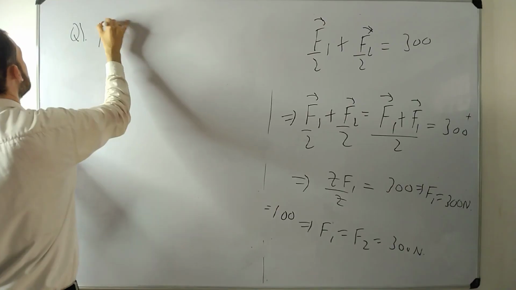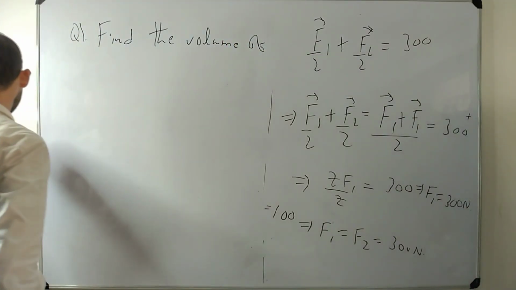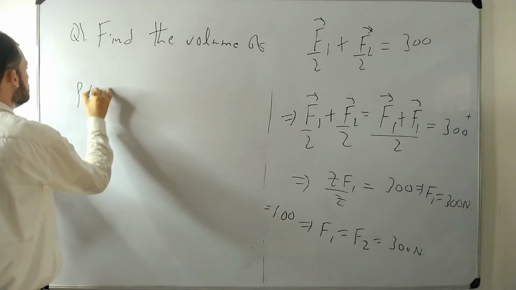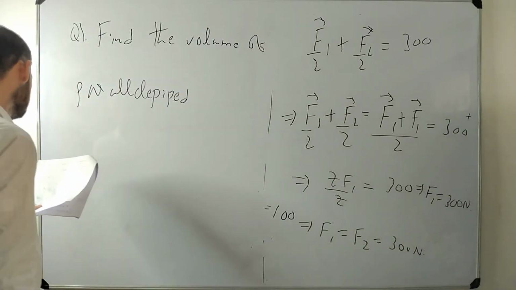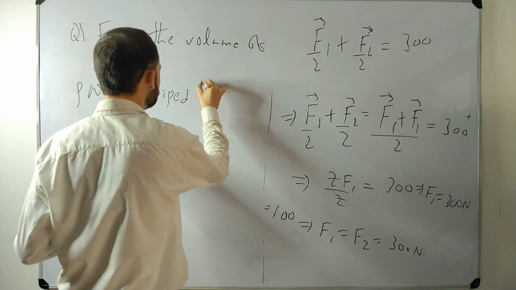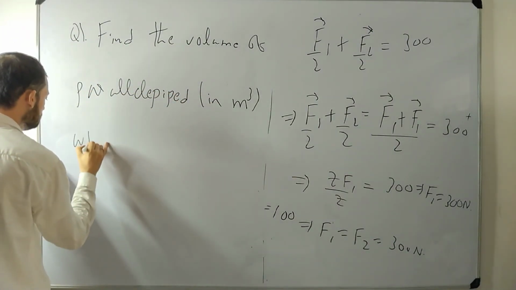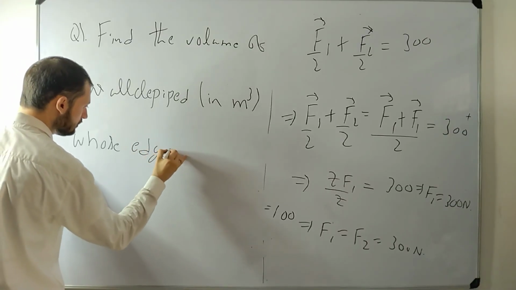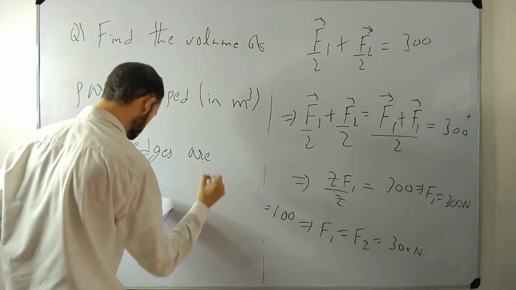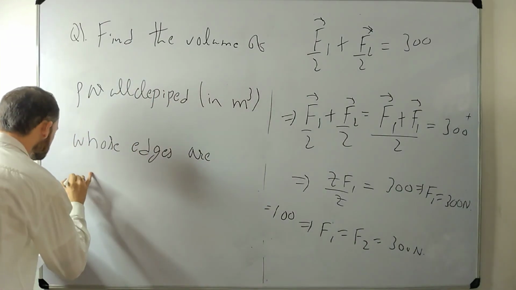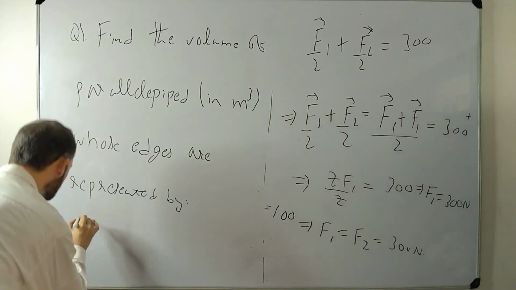Question: find the volume of the parallelepiped in meter cube whose edges are represented by the A vector.